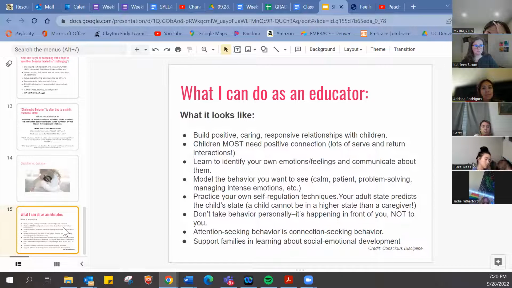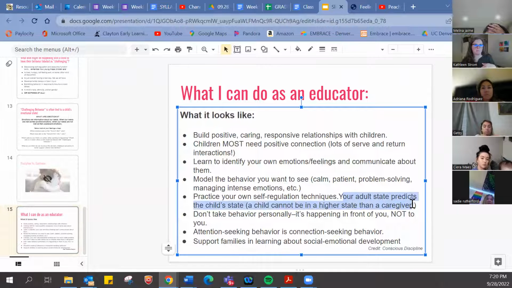One thing that stood out to me, oh, I skipped one, but I'll go back, is this point that an adult's state predicts a child's state. What that means is that your state is going to impact what brain state a child will be in.